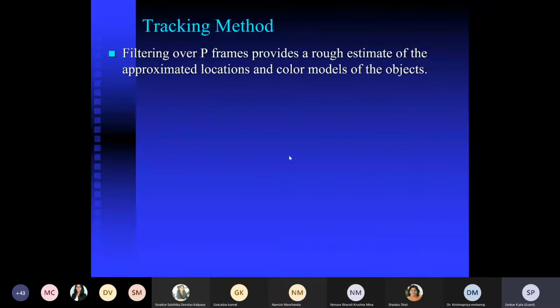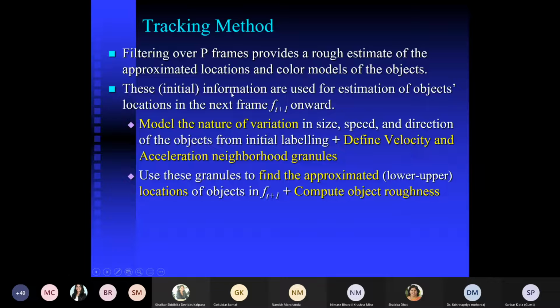Having this tracking methodology, we have filtered over P frames, and it has provided a rough estimate of the approximated locations and color. Color model means intensity values of the object. This initial information is then used for estimating the object location in the next frame, that is the FT+1 frame.